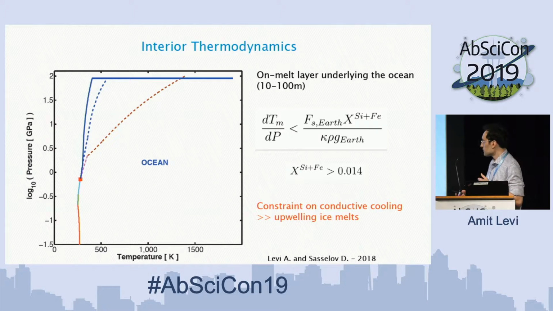So we solved for the thermal profile. Let's say this is the bottom, this is the sea floor, and then you have high-pressure ice. This is the thermal profile in the high-pressure ice, I6 and I7.